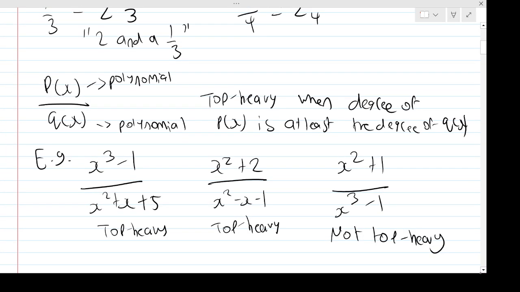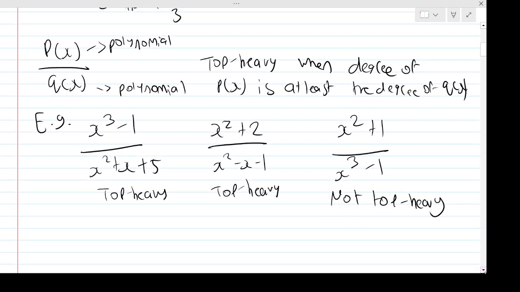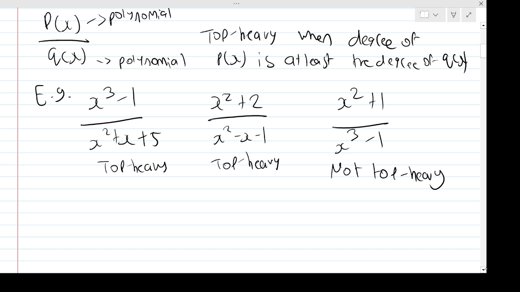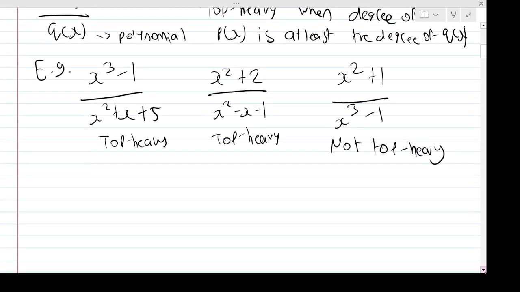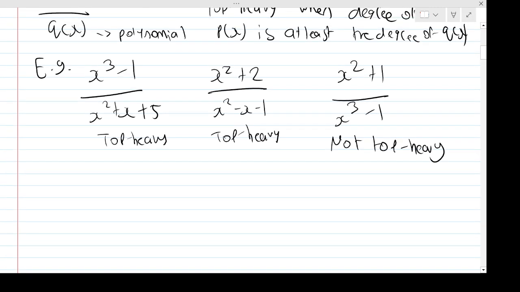And so that's what we'll be doing, the same idea of reducing down these fractions to non-top heavy ones. And that's where algebraic division comes in. Okay, so final thing before we look into an example, it might seem a bit wordy at the moment, but when we go through examples, it will start to make sense.